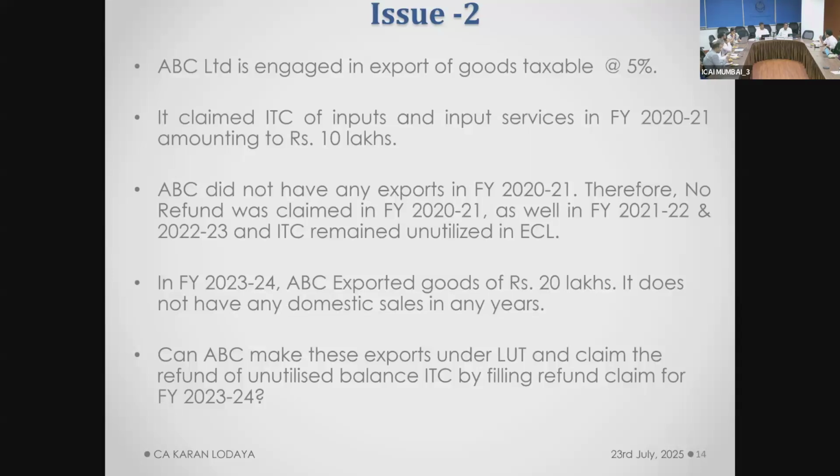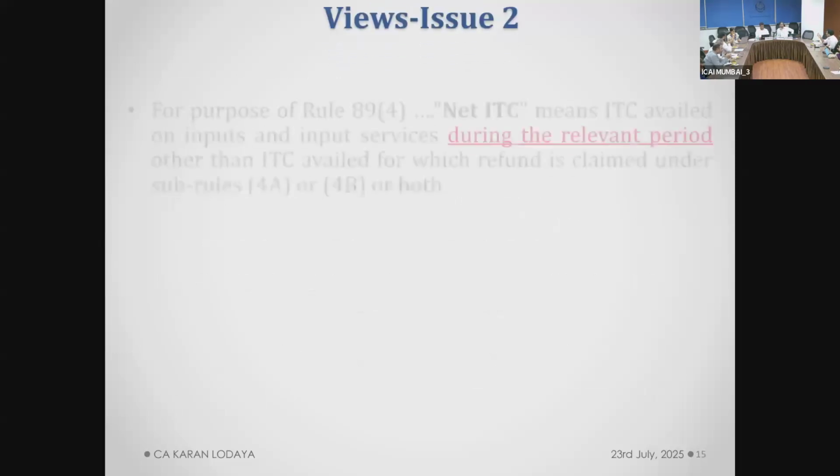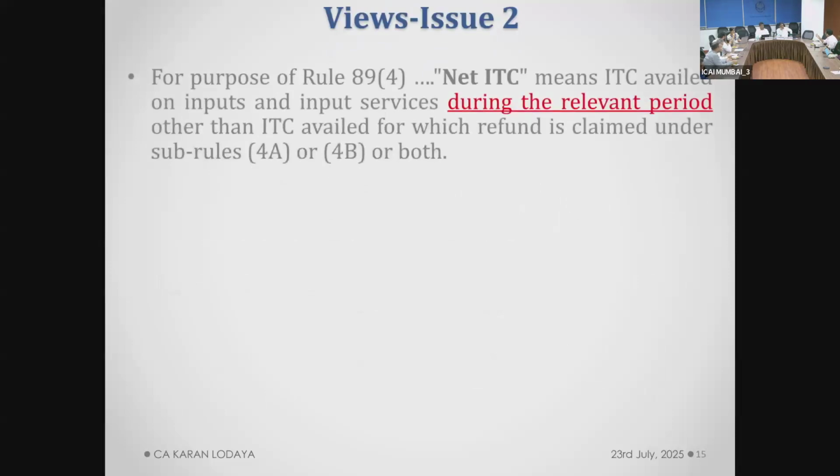It says net ITC availed, but it doesn't say during which period. So net ITC is, in the first place, for the period for which the refund is filed. Usually we go by that understanding, but then it goes on to compare three figures. One is the balance at the time of filing the refund application, one during the quarter, and so on. At the time of filing the application, that will again include ITC for the prior period also.